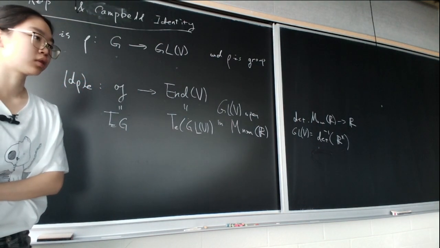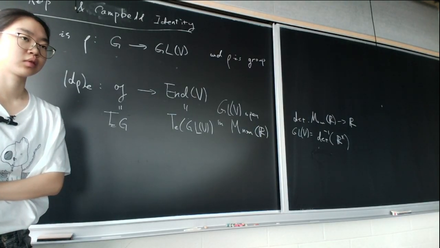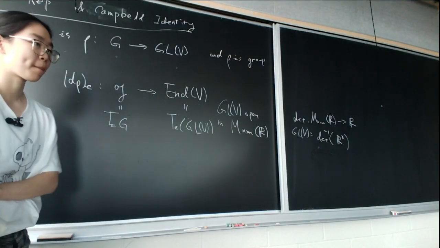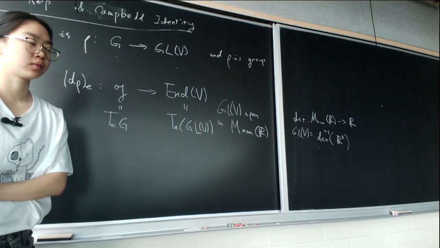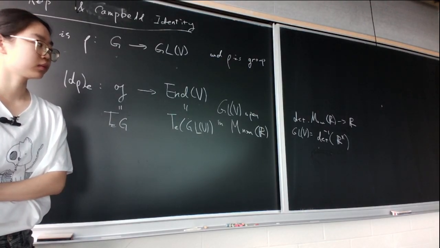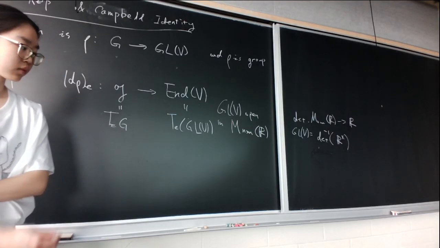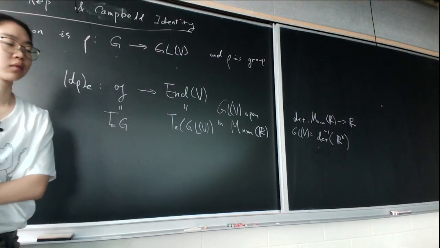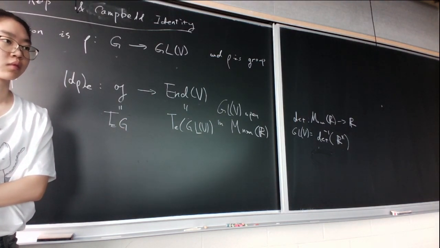Yeah. And then when you do the calculation for what is the tangent space at the identity of GL(V), what's the identity in GL(V)? Is it the identity matrix? Yes, it's the identity matrix. And so the question is, what are the tangents? The tangent space is kind of like all the directions in which I can go from the identity and still be invertible. So I can go infinitesimally small amounts and still be invertible.